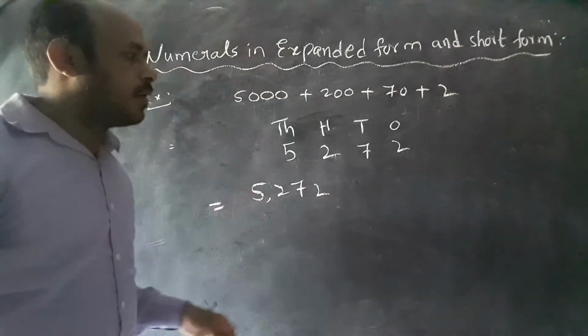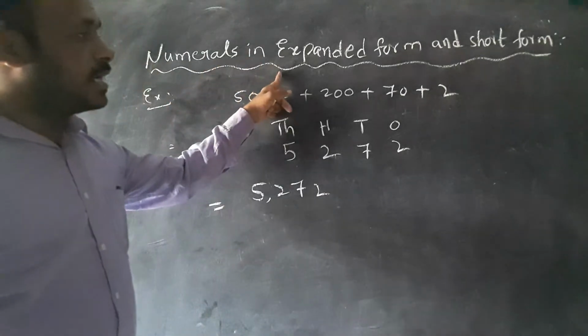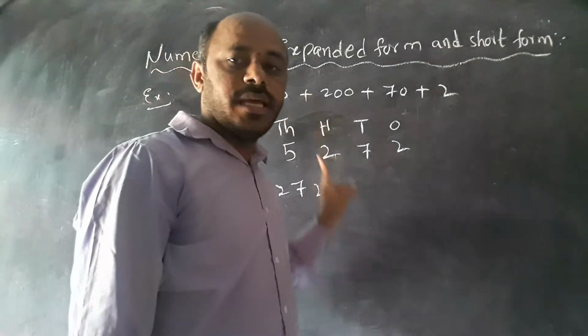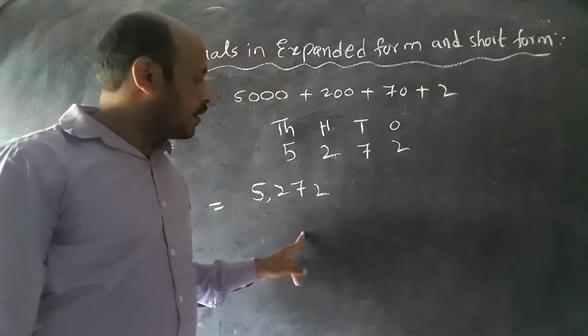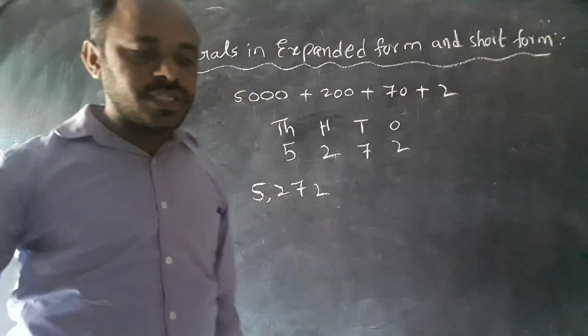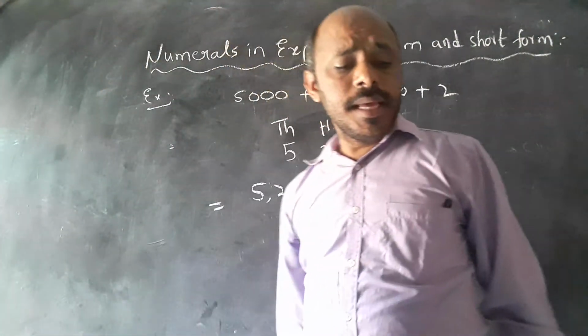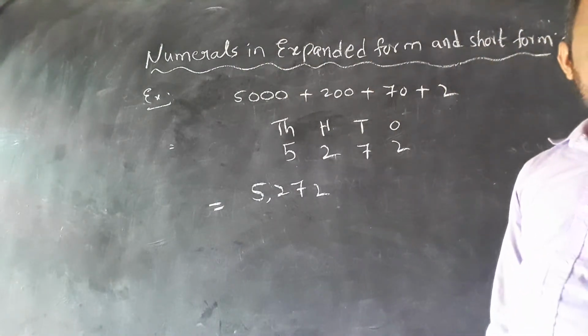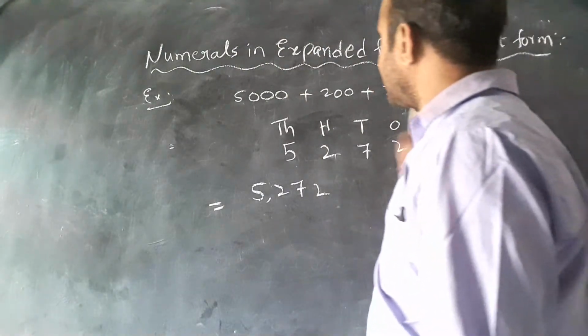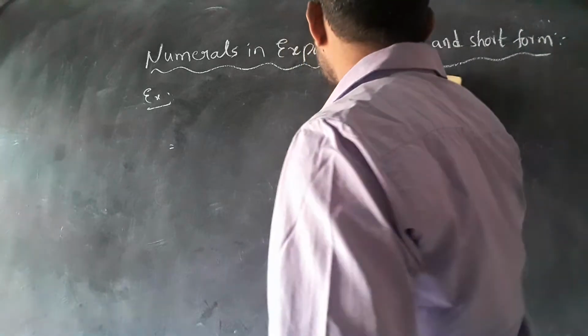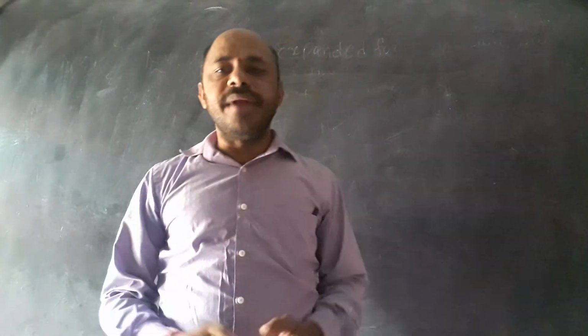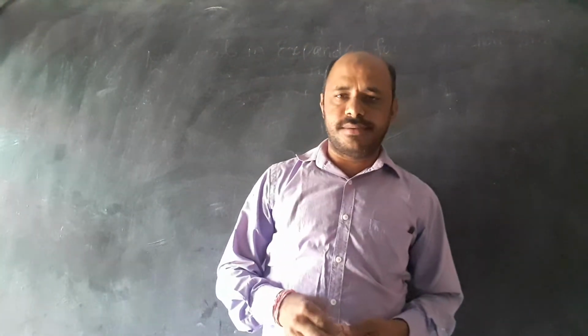Isn't it? Okay. First I explained the expanded form, and if the expanded form is given, then I explained the short form. Okay. Next topic, predecessor and successor. What is the predecessor? What is the successor? Predecessor meaning what?